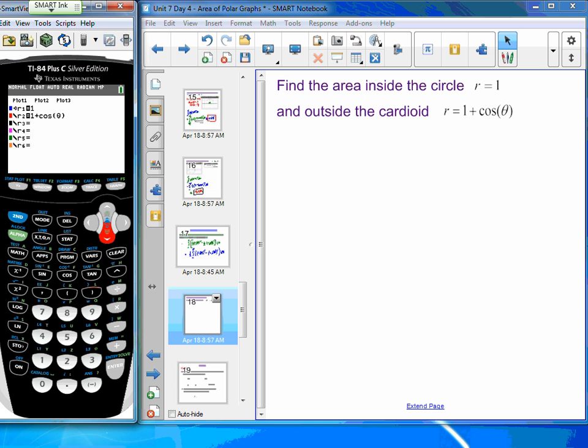I like the 0 to 2 pi because I know I'll go once around the circle with that cosine theta, but I don't know that the -4 to 4 and the -3 to 3 is good because my circle is only radius 1, and that'll get me to 2. So maybe I'll try this -3 to 3. Let's see.